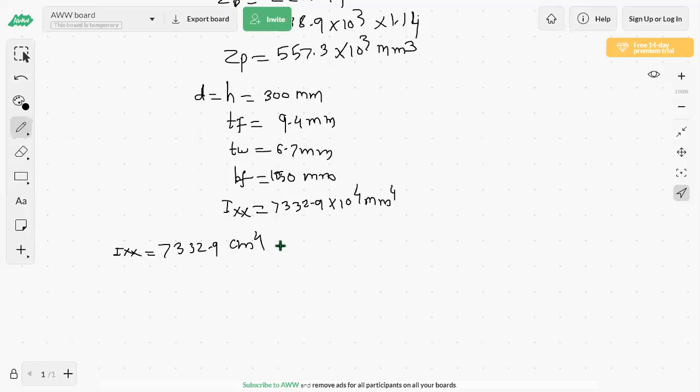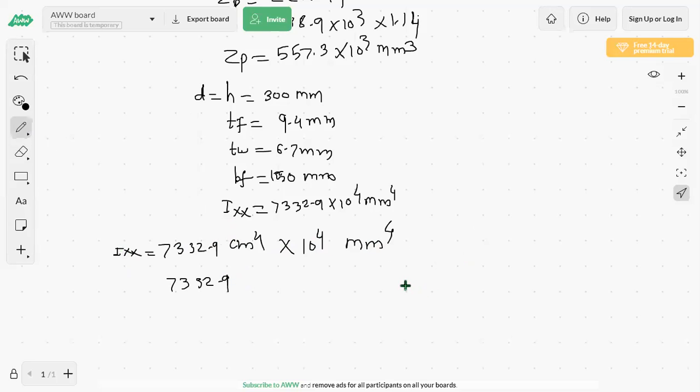So I have multiplied by 10 raised to 4, then my value comes into mm raised to 4. So why into 10 raised to 4? This is centimeter raised to 4.